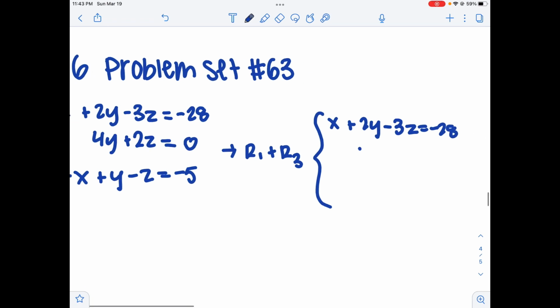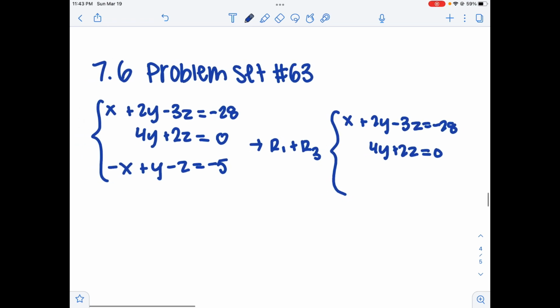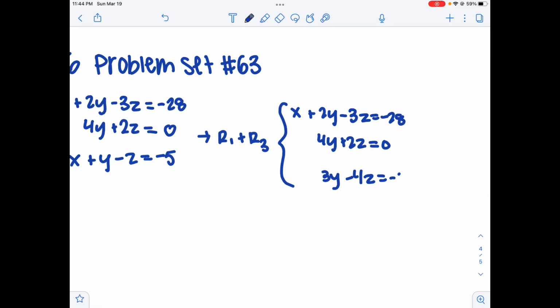We get 4y plus 2z is equal to 0. Now we cancel out the x's, so there's no more x. We get 3y because we add them together, and we get negative 4z because we add them together, and we get equals negative 33.